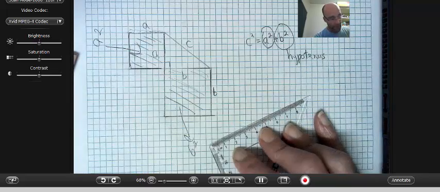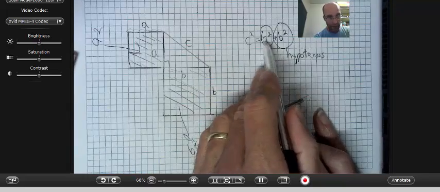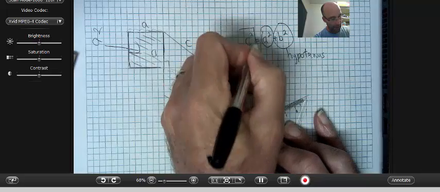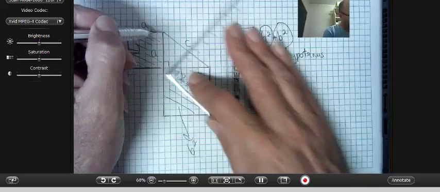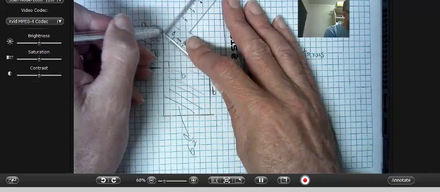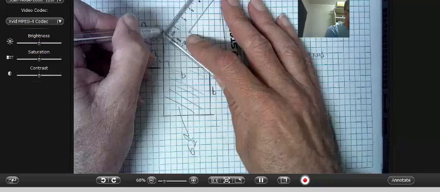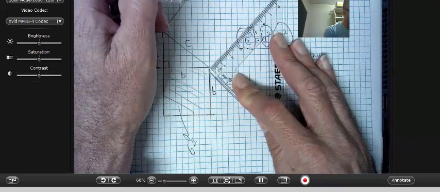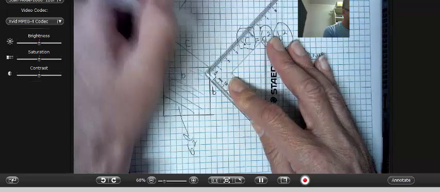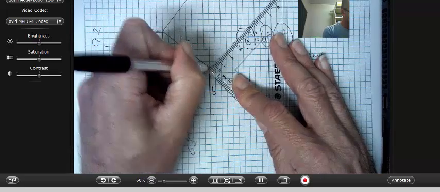So that accounts for that. So those two together, A squared plus B squared, should be the same area as C squared. So C squared needs to come out here at the right angle, to make a proper square.